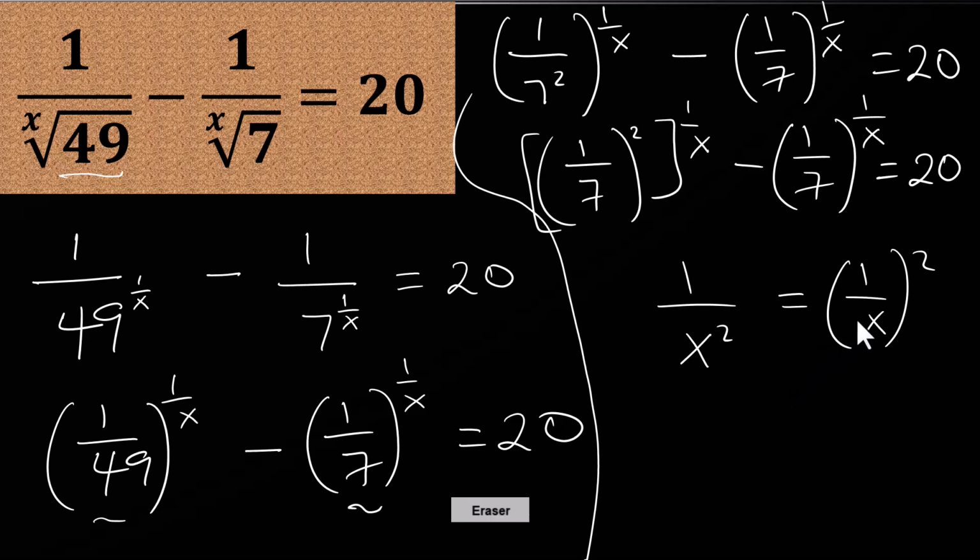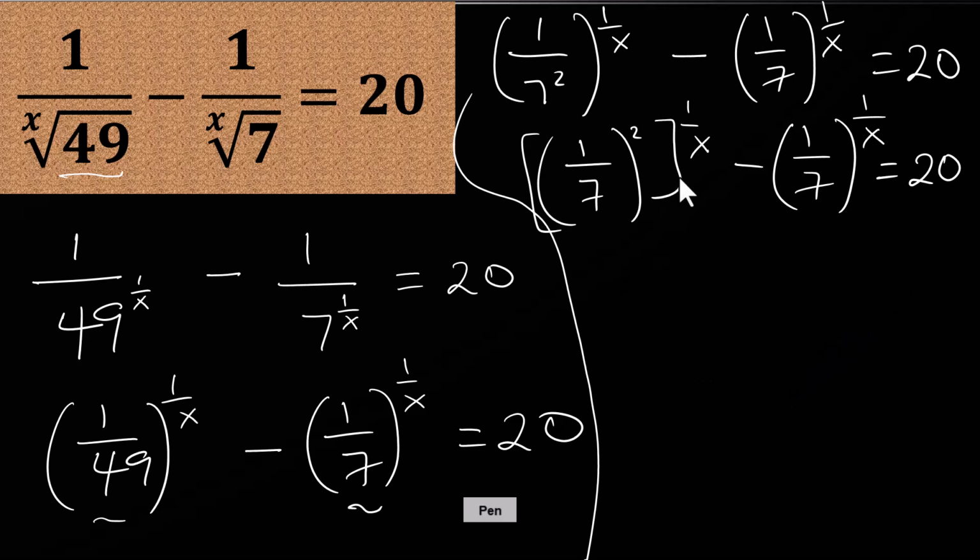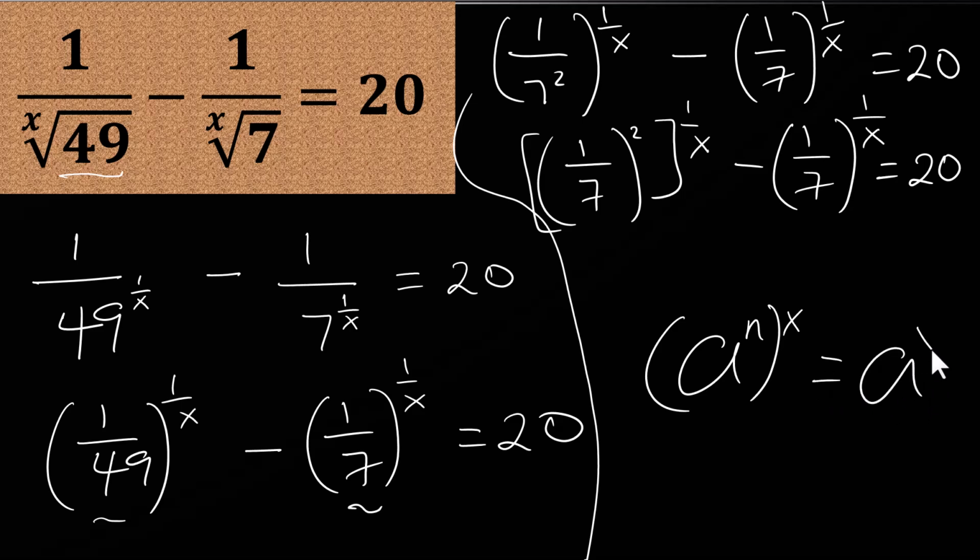Okay, so that's that. Now let's observe this one carefully. From here, anytime we're given a to the power n all raised x, it is the same as a to the power x all raised n. So we can manipulate this one, since multiplication is commutative. We can do the same here.